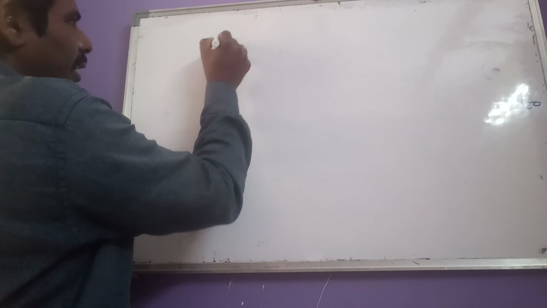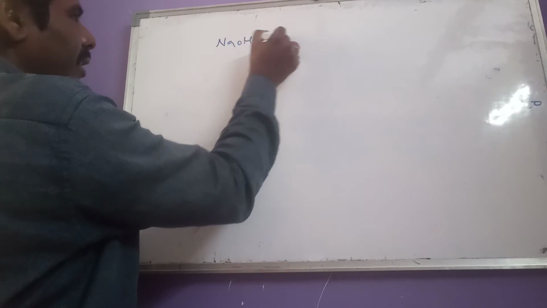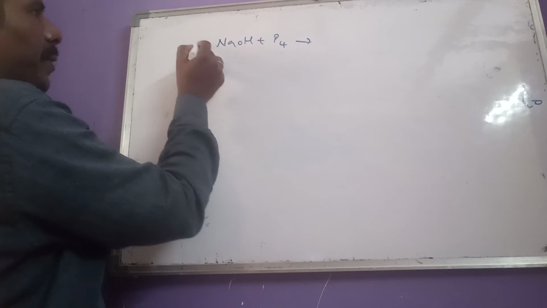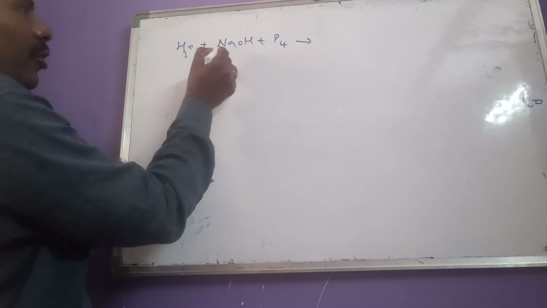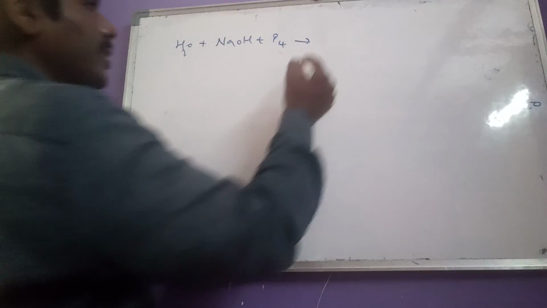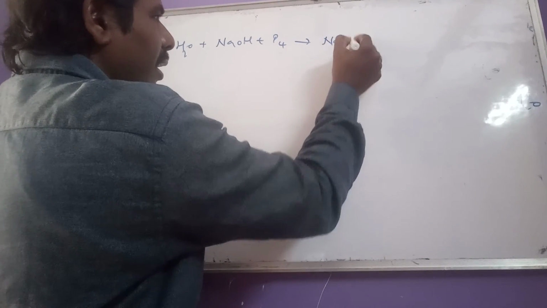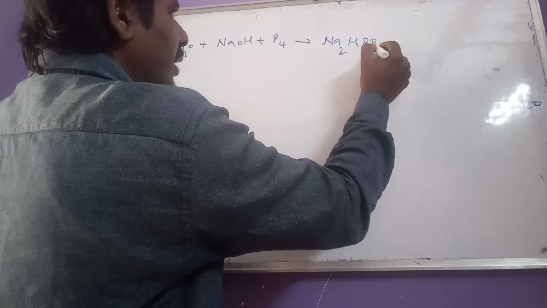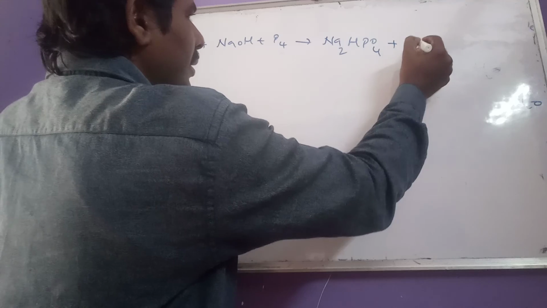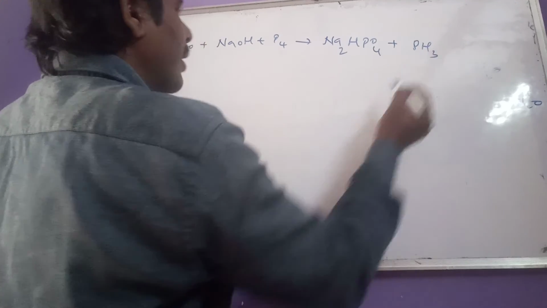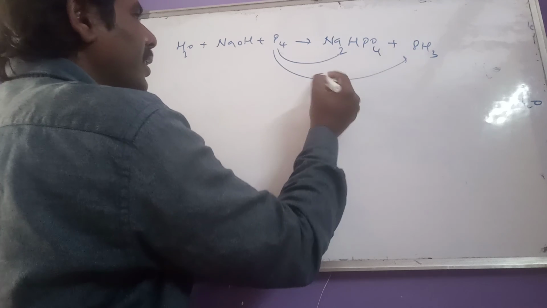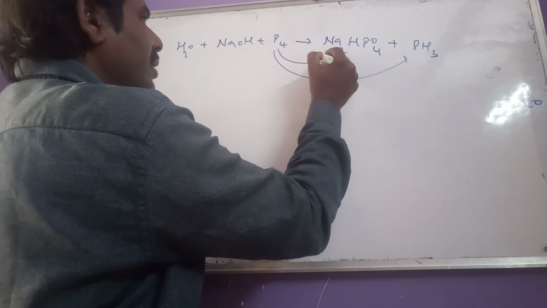Now the reaction with phosphorus. In non-metals, another reaction is with phosphorus: phosphorus reacts with a dilute solution of NaOH and produces Na2HPO4 plus PH3, phosphine. Here one is reduction and the other is oxidation.